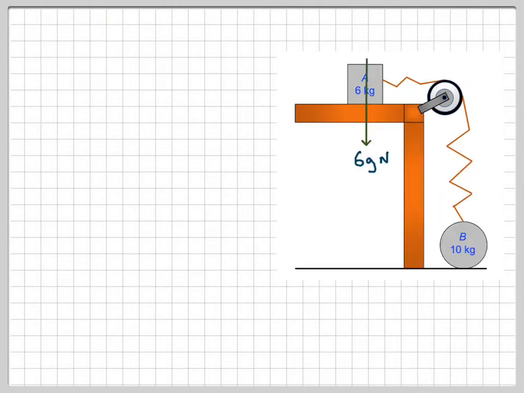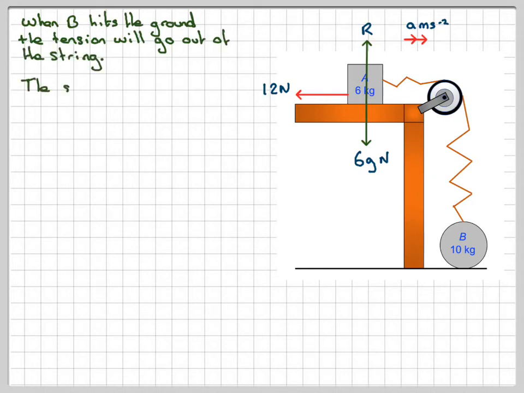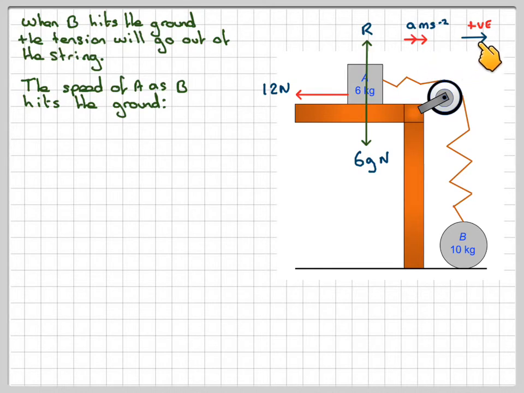So when B hits the ground, the tension will go out of the string, but A will continue to move along the rough table. We need the speed of A as B hits the ground, and we're going to have a new acceleration here. We're going to take this direction as positive.